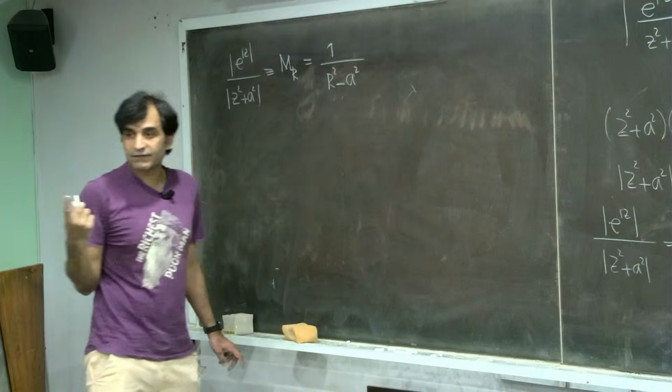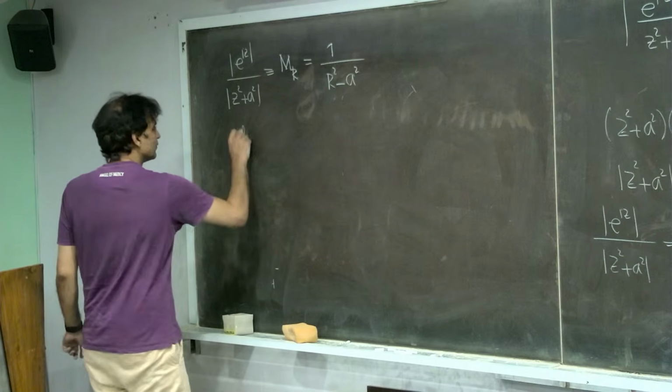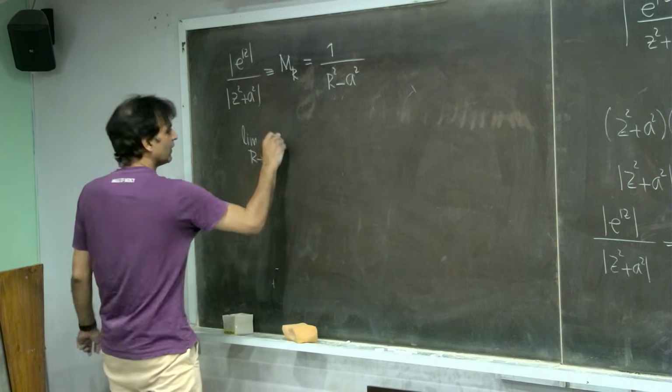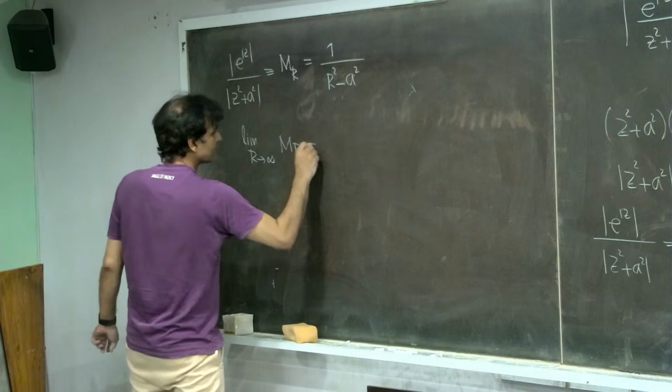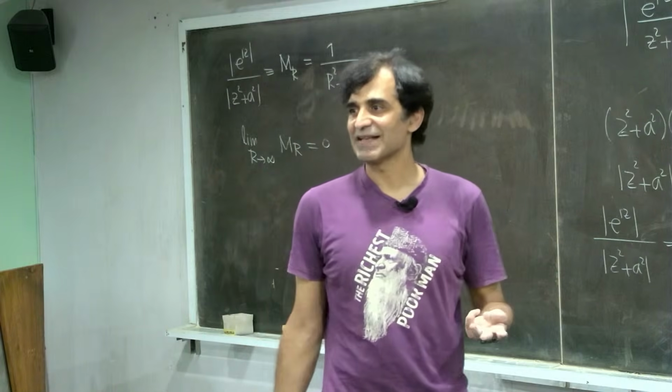And remember, a is positive, a is greater than 0. So you can see that if you take the limit as r goes to infinity, M of r becomes 0.